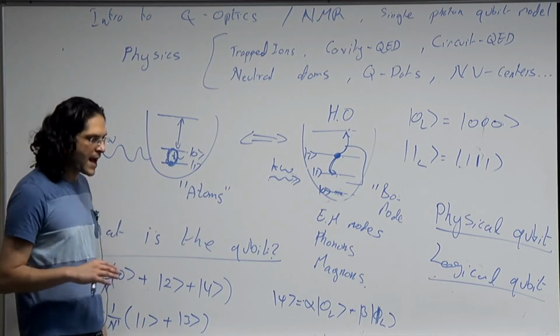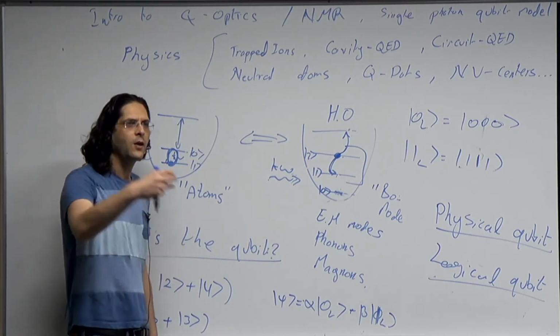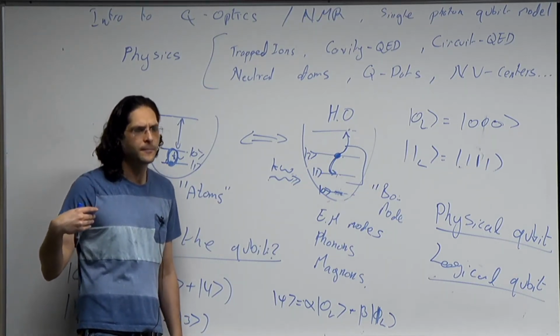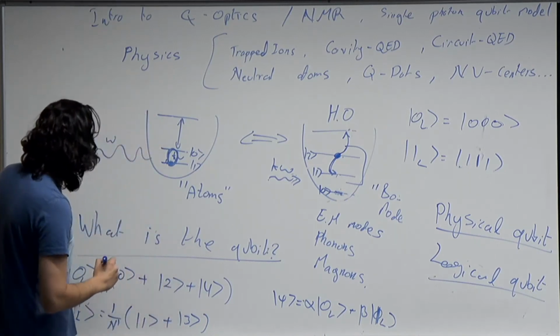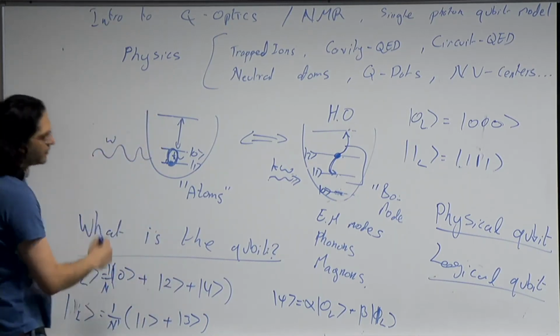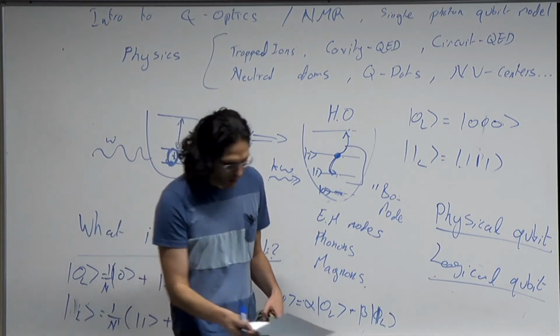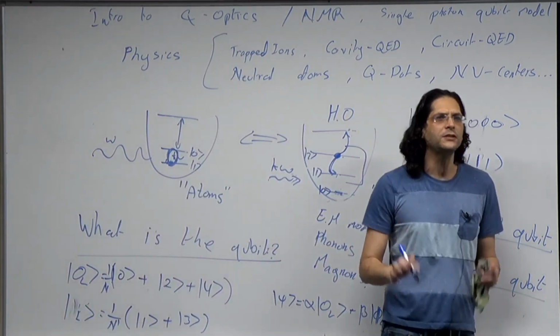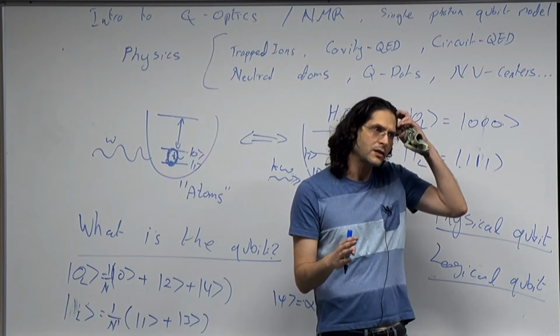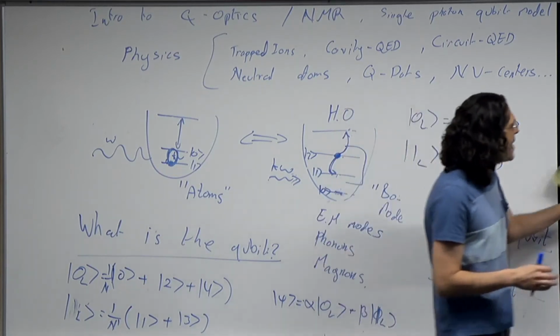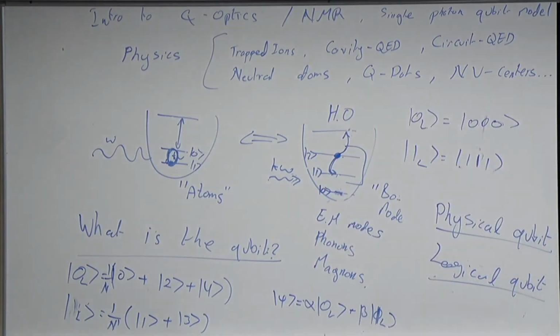But for now, we're going to take a step back, and we're going to be talking about a 2-level system. We're going to be talking about the simplest physical qubit, which right now is a 2-level system.